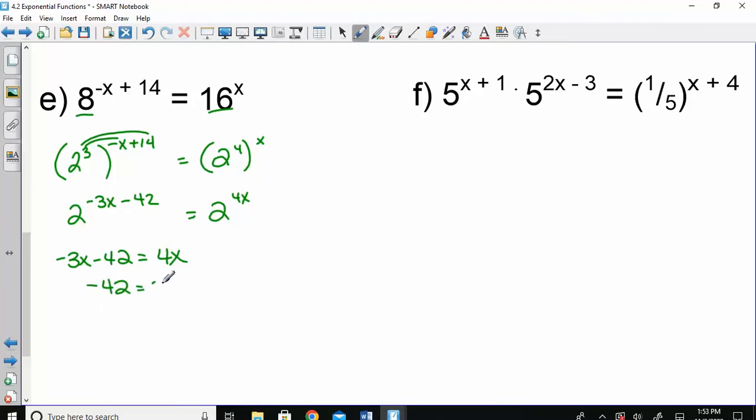So if I add over my 3x, divide by 7, and I get negative 6. Hold on. I changed my positive to a negative, didn't I? That was a positive 14. So it should be positive 6 at the end.